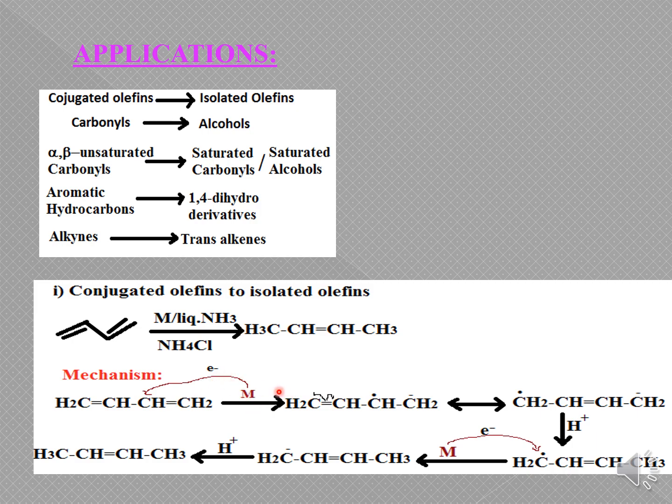Since there is a double bond, the electron has to go towards the alkene part. When it gives to this alkene part, what happens here?